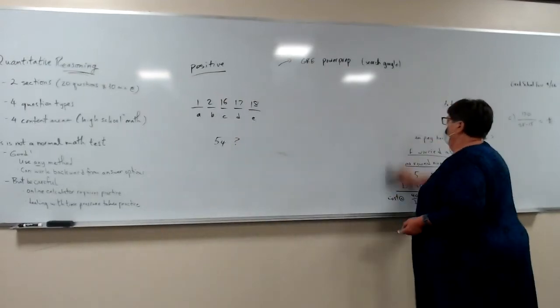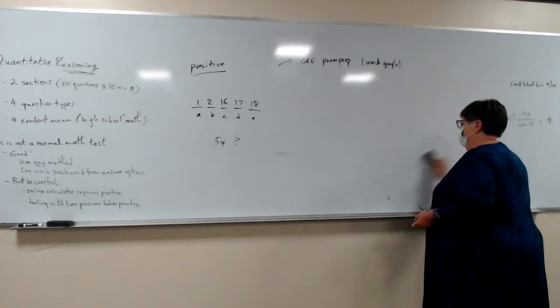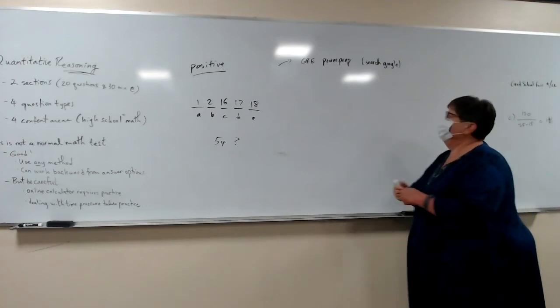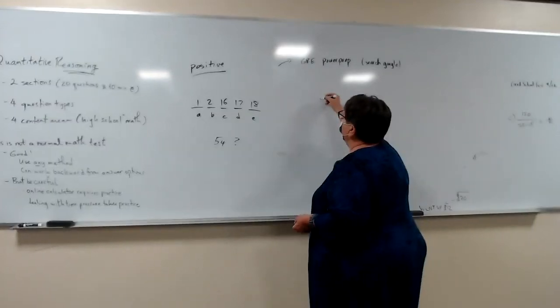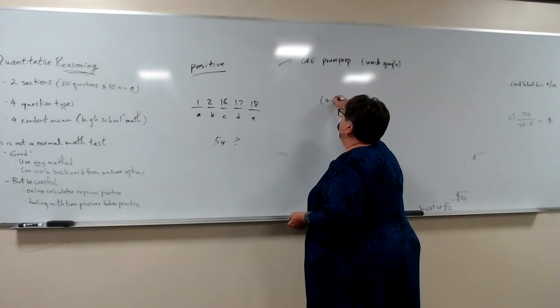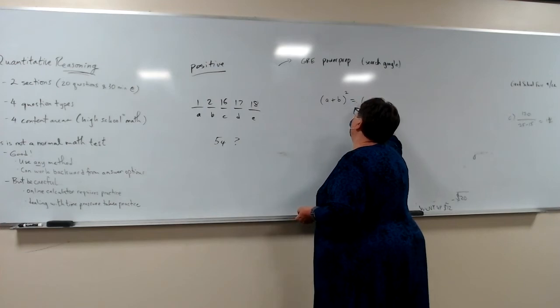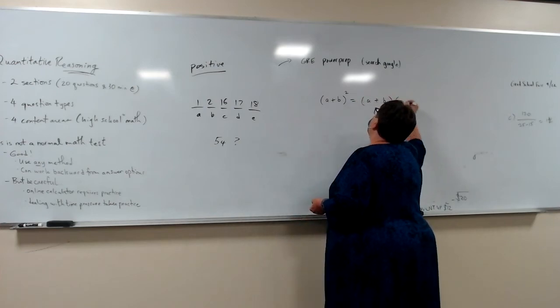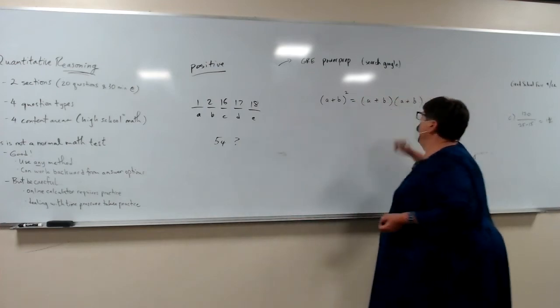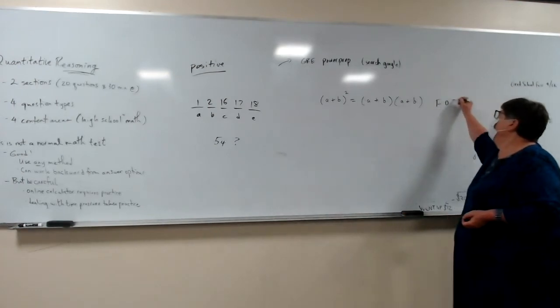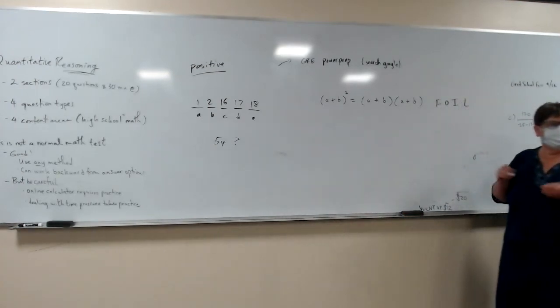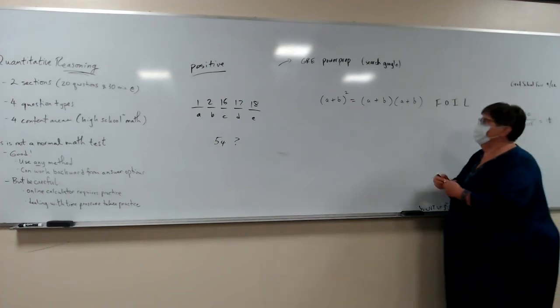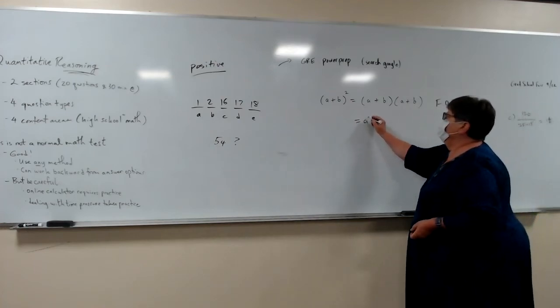But can't you distribute the square from the outside of the parentheses? You actually get in trouble with that. You guys remember FOIL? FOIL is a great thing to remember when you think about high school math. First times first gives you your a squared.